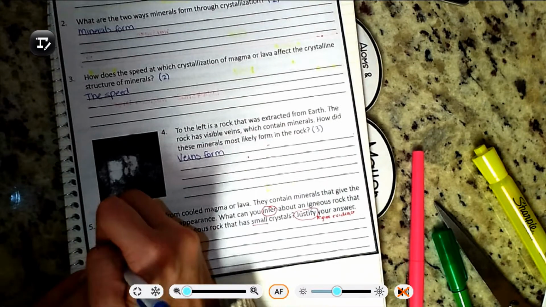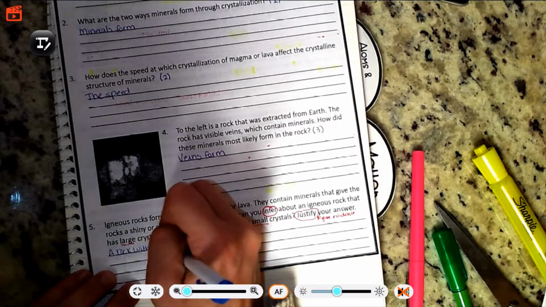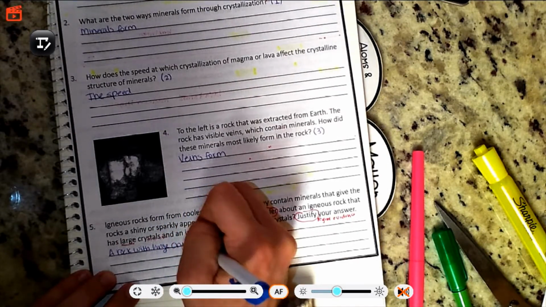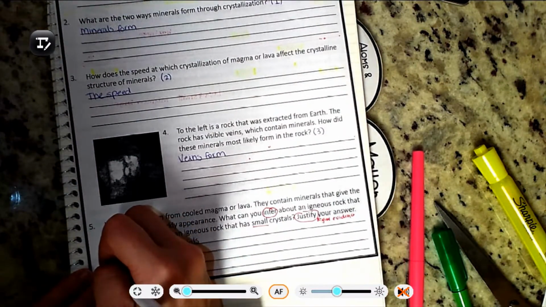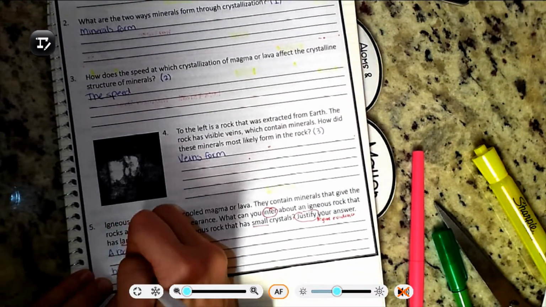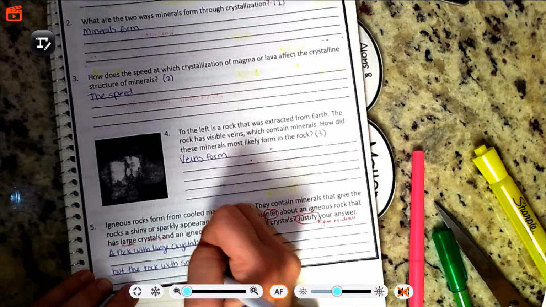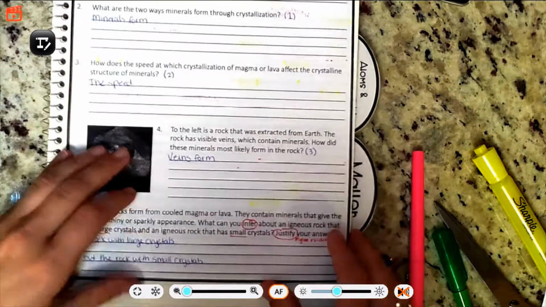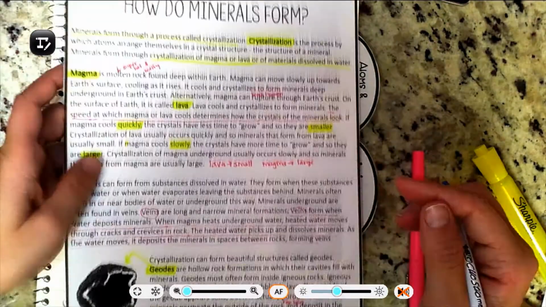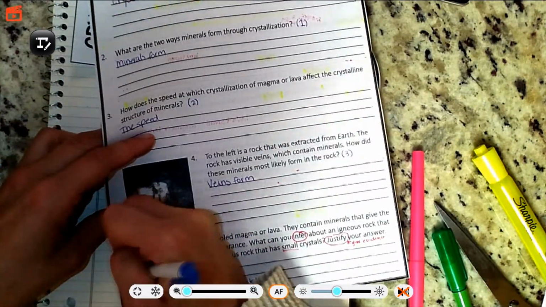So we could say something like a rock with large crystals... But the rock with small crystals... So I suggest that you look for that answer in paragraph 2. So we're going to go for paragraph 2.